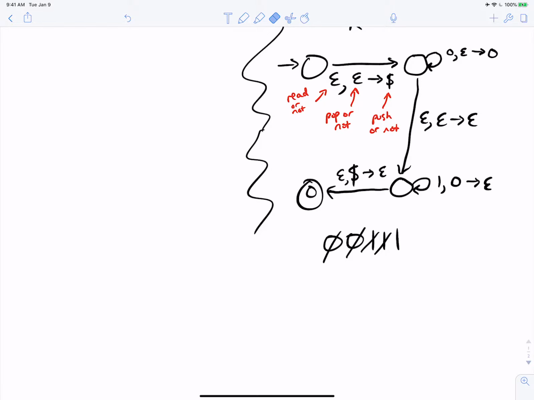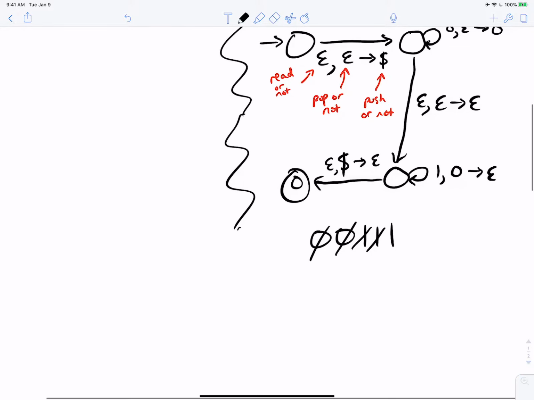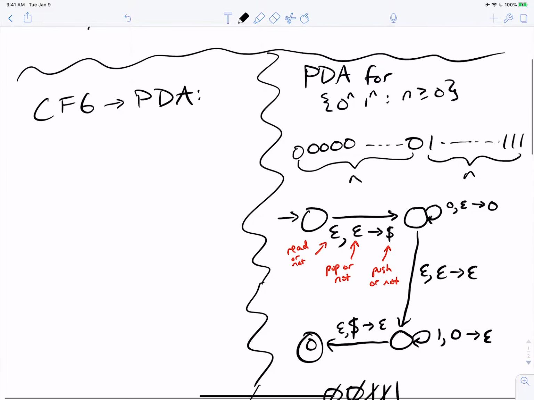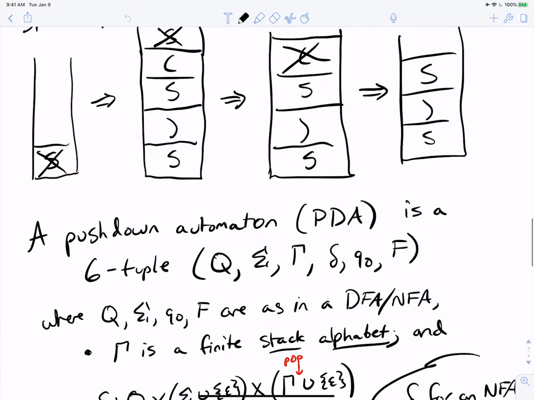Okay, so this was a relatively simple example. But suppose that we want to actually convert any CFG into a PDA. Well, what were we doing last time? We were simulating the derivation on the stack. If you remember, I'll go back to it.